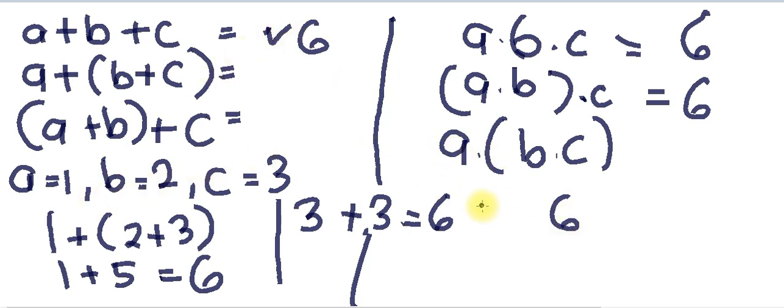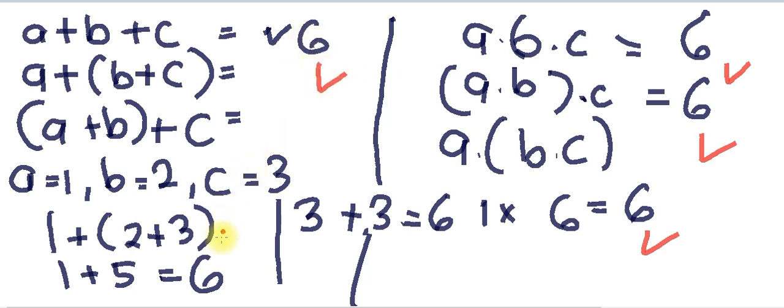So 1 times 6 gives 6. We get the same 6, the same rule as addition. That is how you solve the problem.